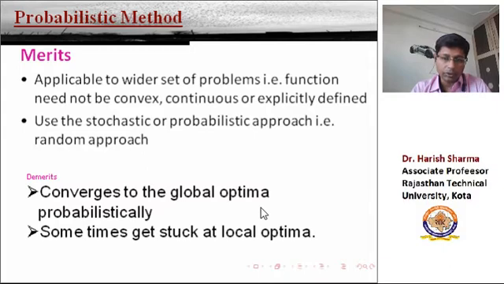They use stochastic or probabilistic approaches, but these algorithms also have some demerits, like they may not converge to the global optima and get stuck at local optima.